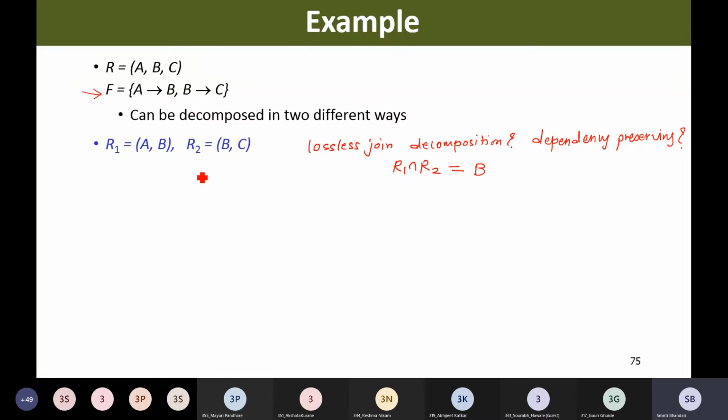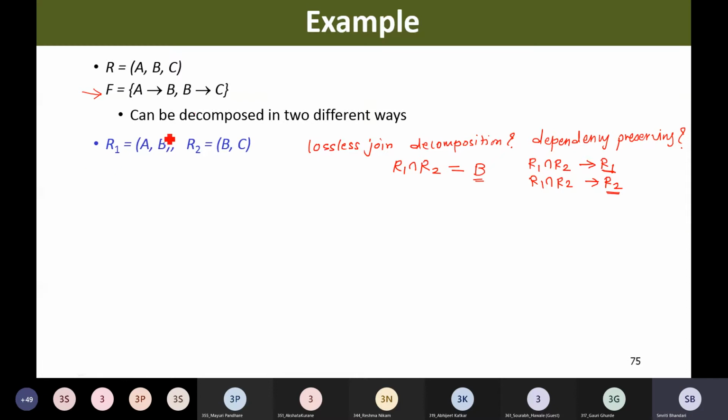To find out whether this decomposition is lossless join, we need to test one condition: either R1 intersection R2 should determine R1, or R1 intersection R2 should determine R2. If one of these dependencies is satisfied, then we can say that it is lossless join decomposition. So this intersection must be a super key of either R1 or R2.